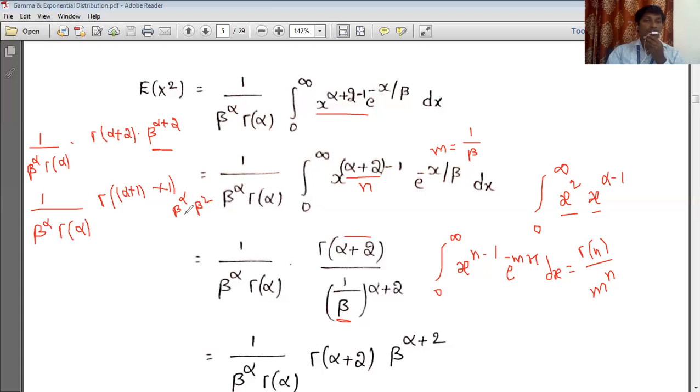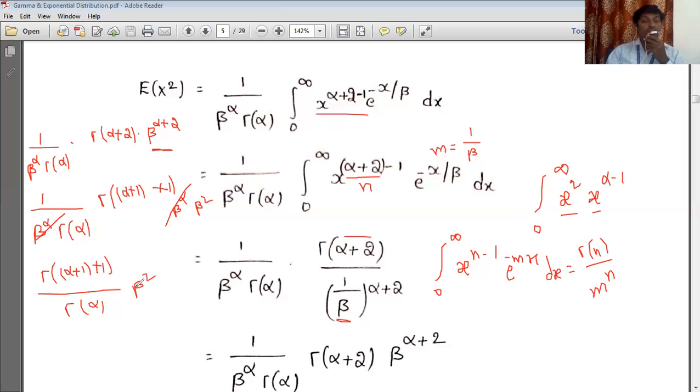If you cancel these two, beta power alpha both will cancel. So what remains here is gamma alpha plus 1 plus 1 by gamma alpha into beta square. So this is the remaining one.